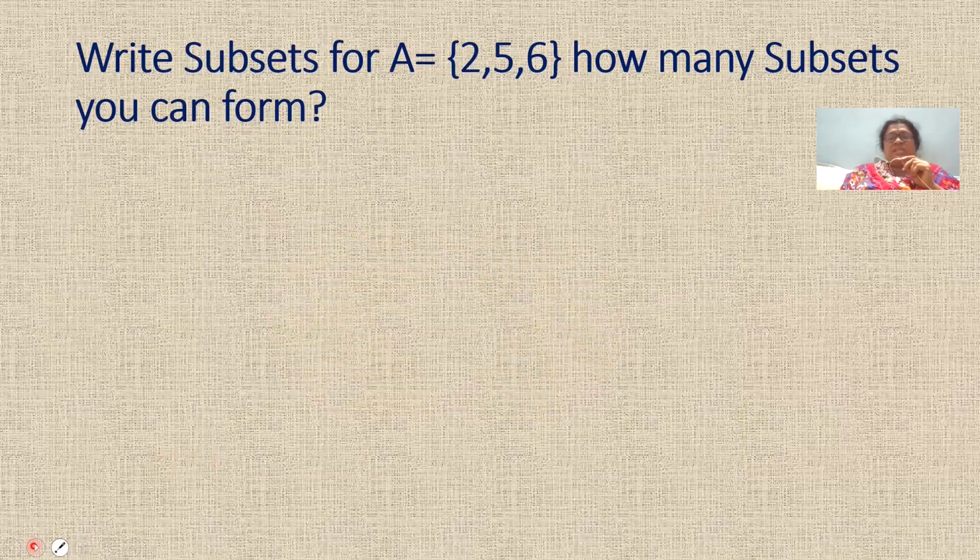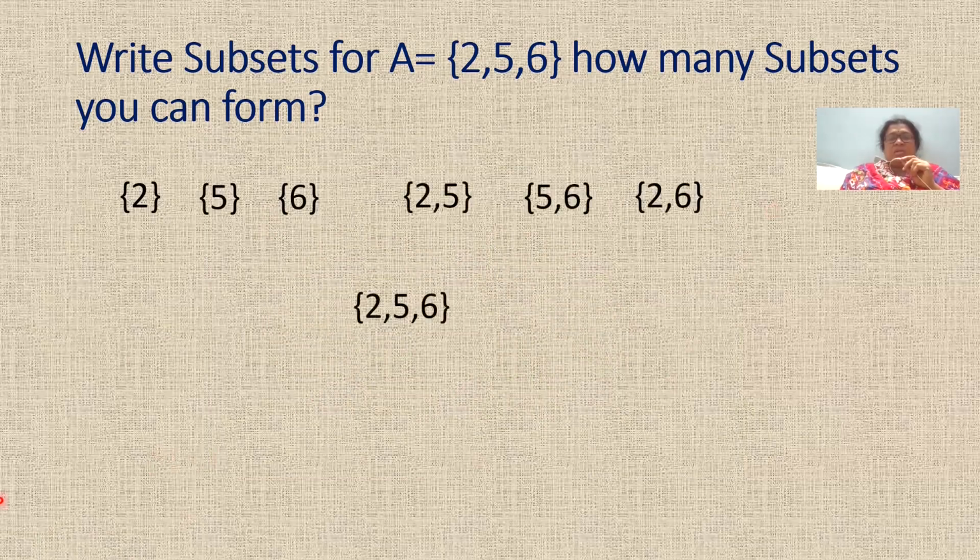Now, write subsets for a given set, and how to write subsets for these sets. So you can write like this. These are the subsets. See here, how many subsets are there? 1, 2, 3, 4, 5, 6, 7 subsets are there. So without writing also, we can directly find out how many subsets can be written.